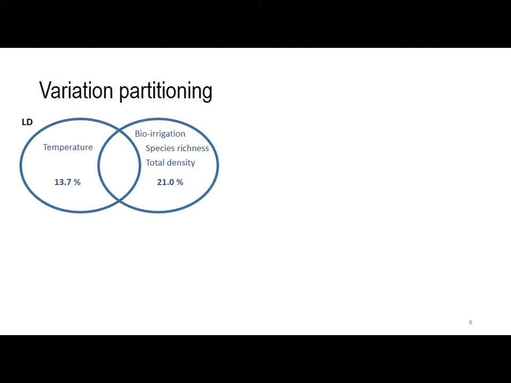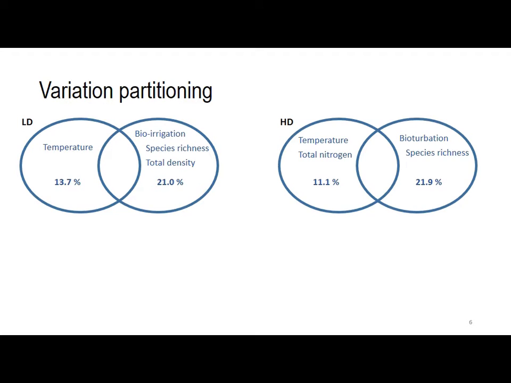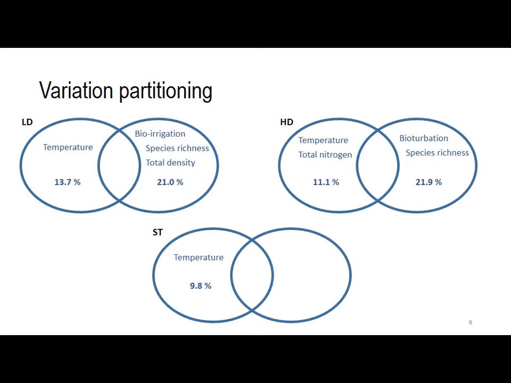For example, if we look at the different habitat types, we get these results for low dynamic habitats, these for the high dynamic, and these for the subtidal samples. In subtidal samples, there were hardly any animals, so abiotics is the only thing that counts.